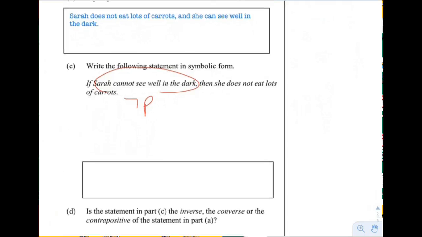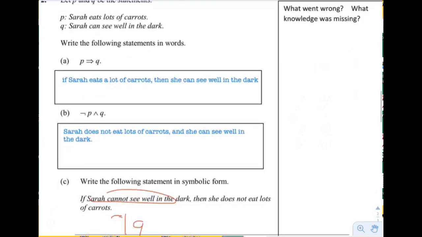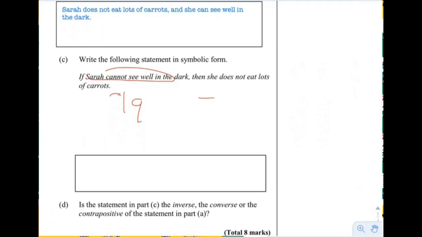So she can't see well in the dark would be not Q, okay? And there's an if too. Then she does not eat lots of carrots. Sarah eats lots of carrots is P, and not eat lots of carrots would be not P. And then they have an if then, so that means there's an implication. So that's all it is.